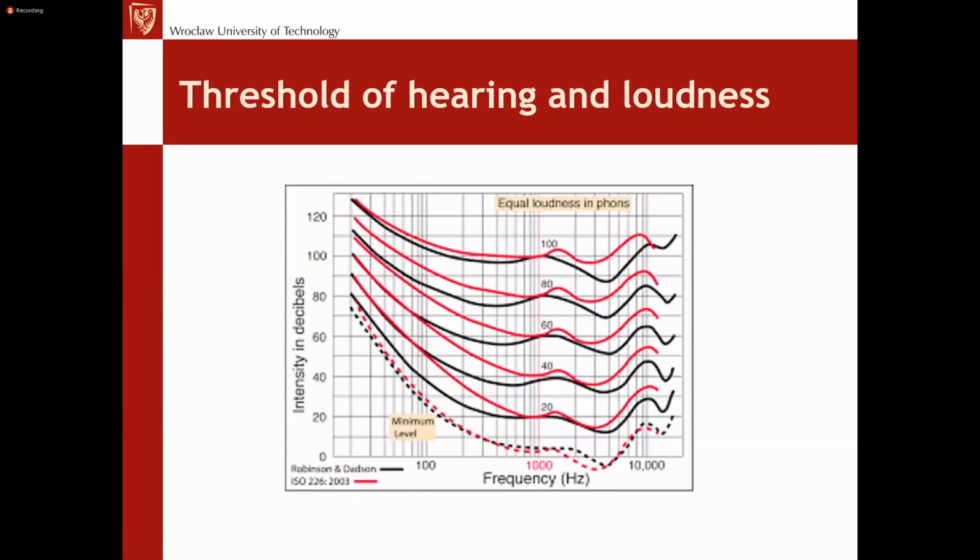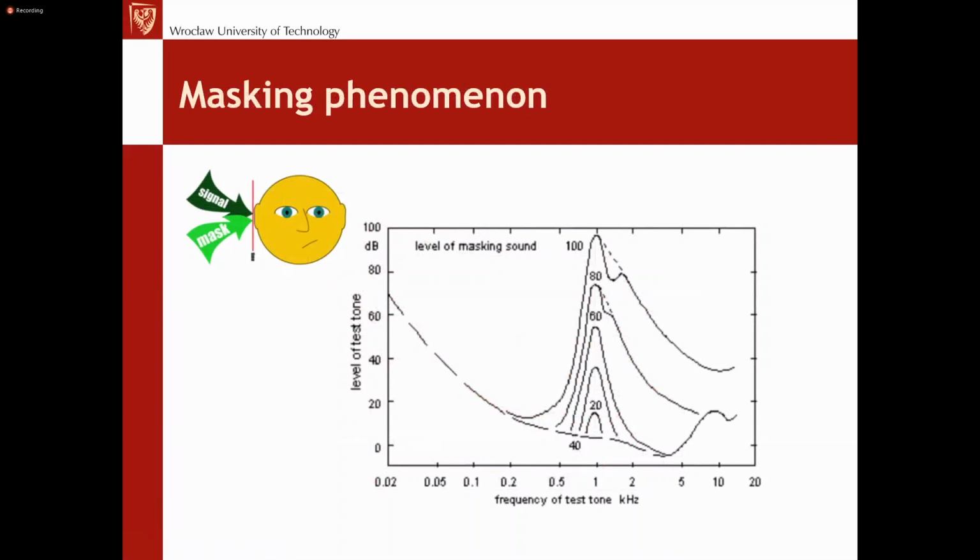And of course, talking about the threshold of hearing, we can also talk about the masking phenomenon. We can meet this phenomenon when we have two signals. One of them is our useful signal, and the second one is a masker or masking signal.